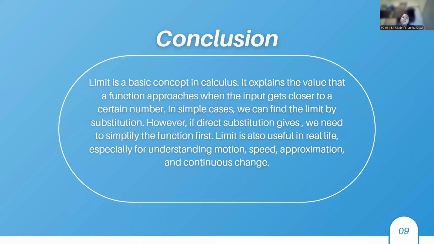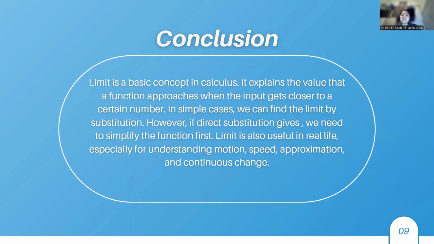And let's summarize what we have learned today. First, limit is about approaching a value. Second, the notation means that the function f(x) approaches L when x approaches a. Third, some limit problems can be solved by direct substitution.